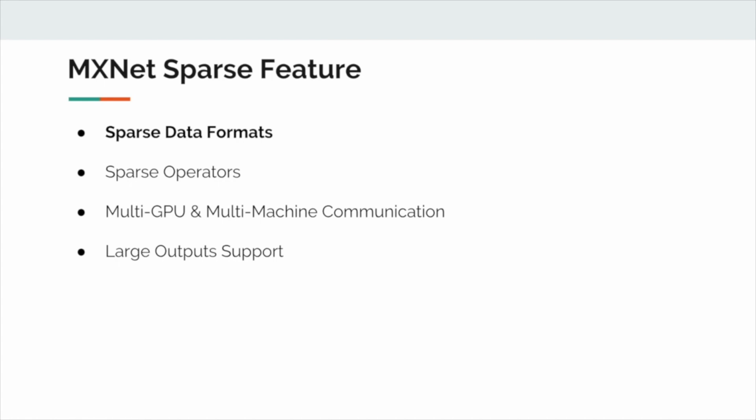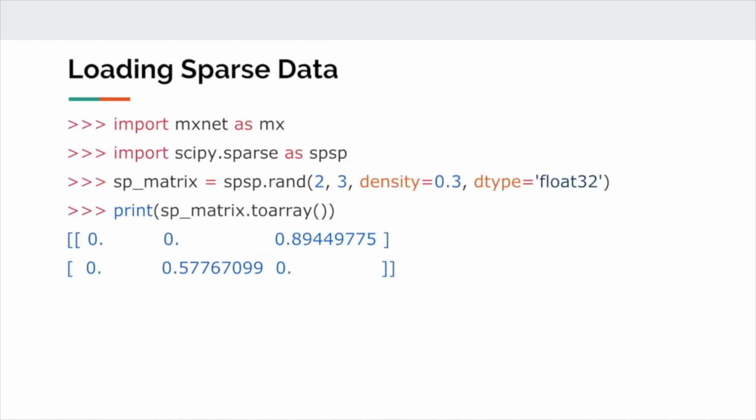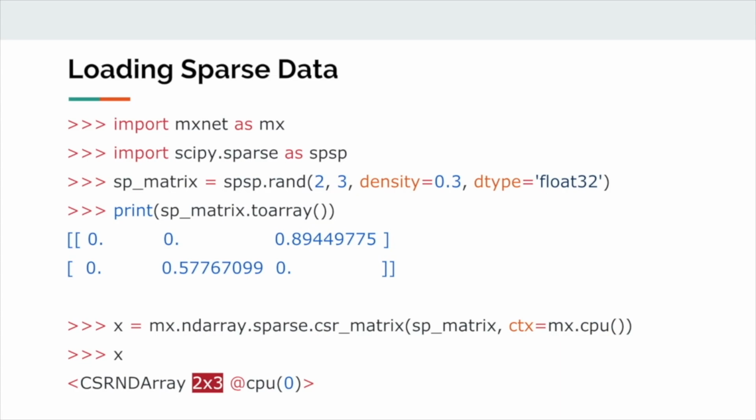Here I'm importing SciPy and MXNet, and first generate a SciPy random matrix, a 2x3 matrix with some density and data type, and then you can load it, and turn it into an MXNet CSR matrix by calling the mx.ndarray.sparse.csr_matrix API. Here you can also provide context equals CPU or GPU to load the data. So now we have a sparse matrix in MXNet.